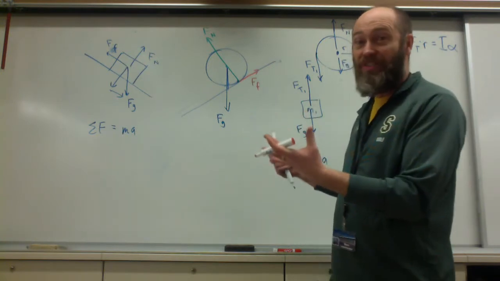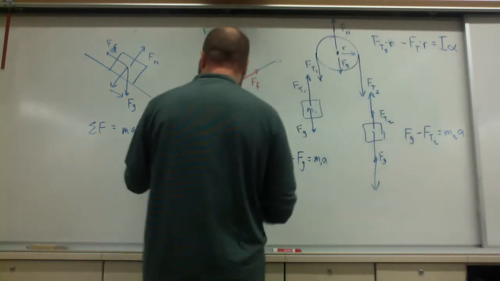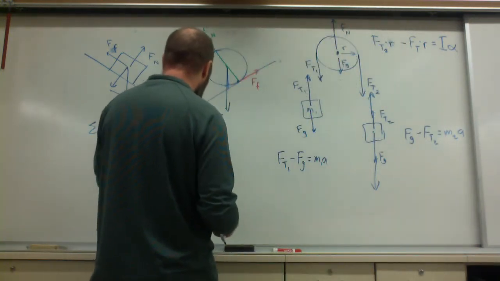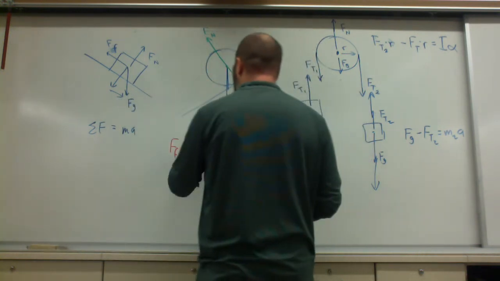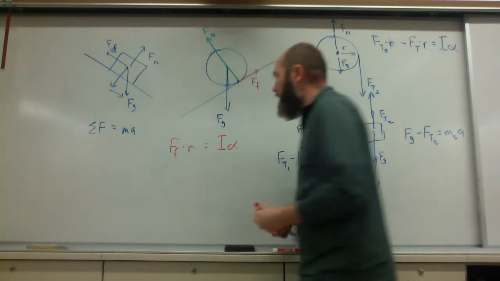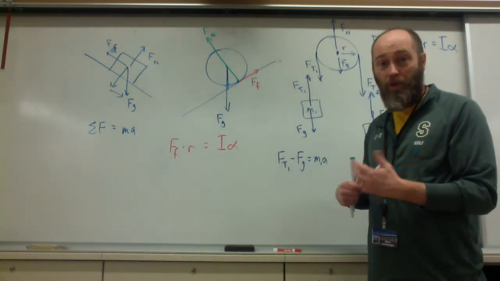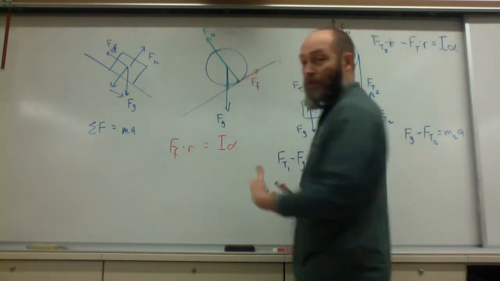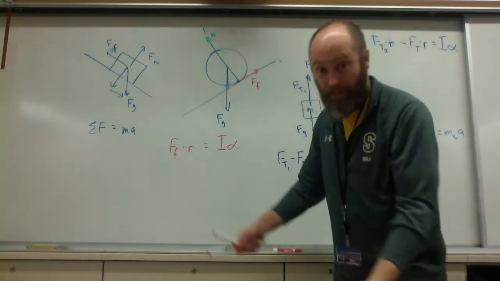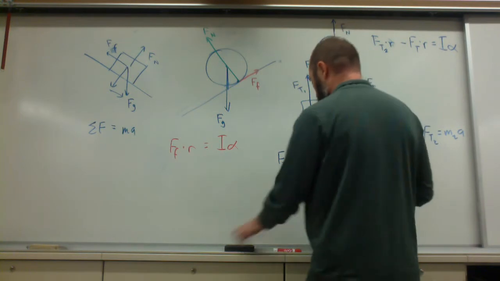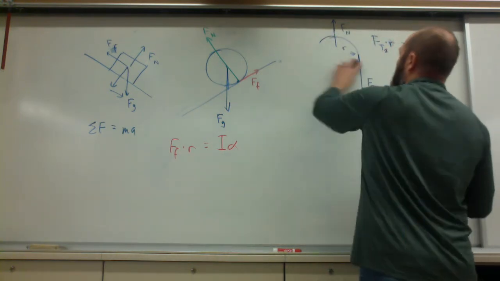Again, you would then do your steps. In this case, I have Ff times my lever arm, which would be the radius of that thing, equals I alpha. And then for your force equations, you would actually have to write two different ones: one for your parallel, one for your perpendicular.